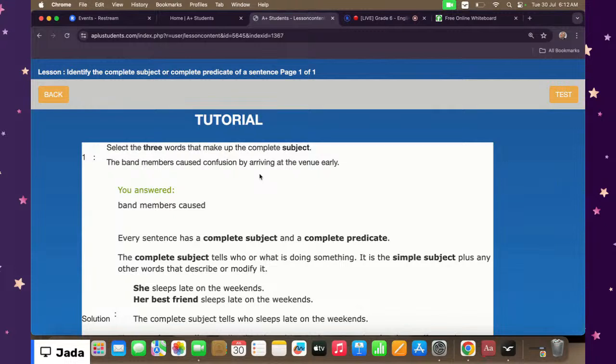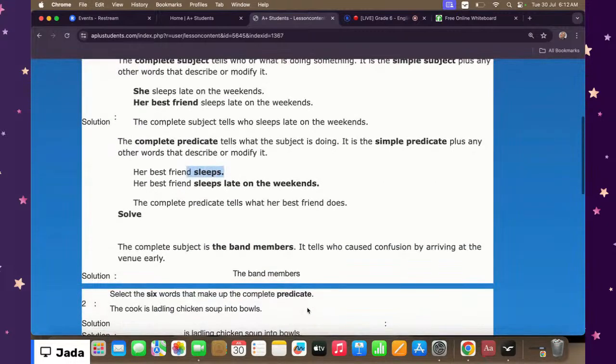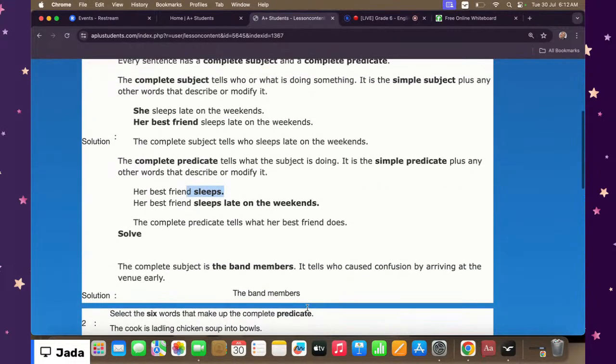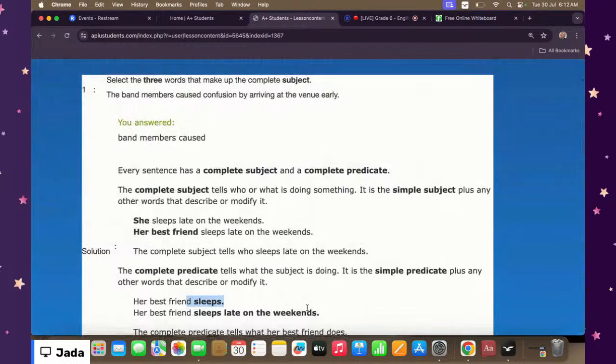How do we find the subject? The subject is the person that does the action in the sentence, or causes confusion. So the band members would be the complete subject. It's asking for three words, so you would say the band members.